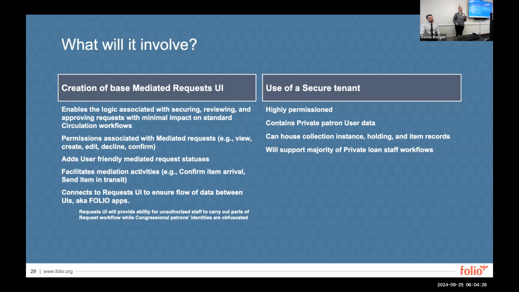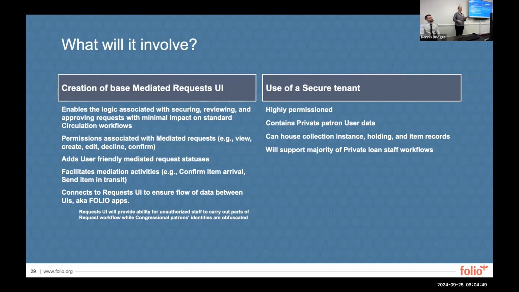So for example, a congressional staff member really needs a material on XYZ topic. Only a small group of individuals working at the Library of Congress can actually know who is requesting this material. So their secure data, their private user patron data, will be contained in this secure tenant.